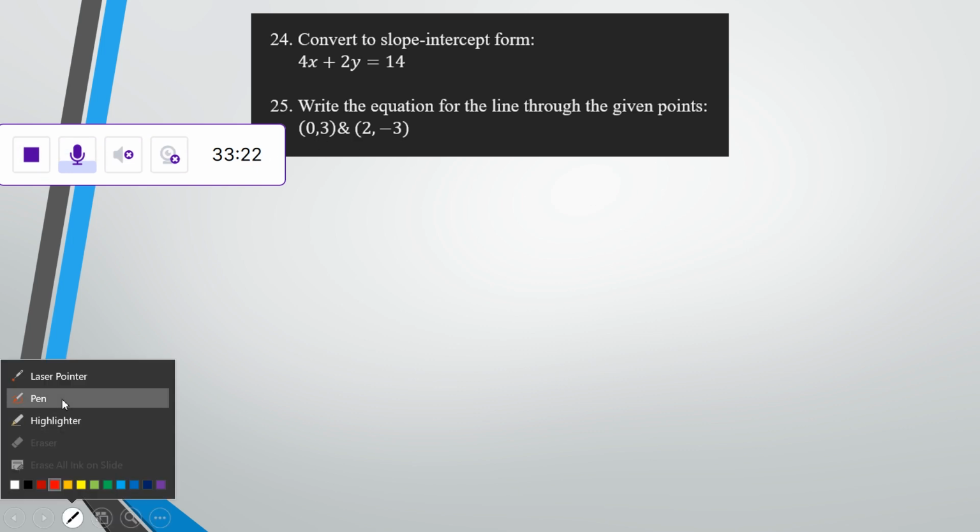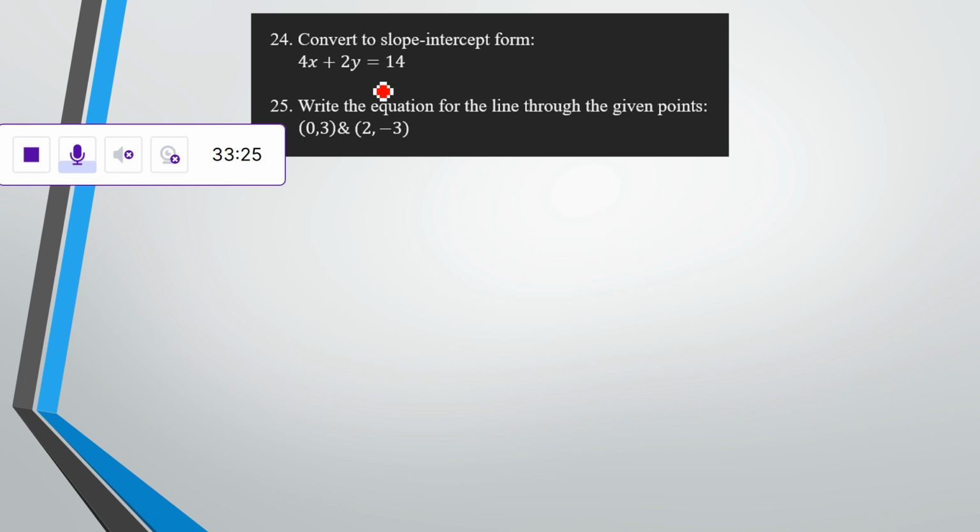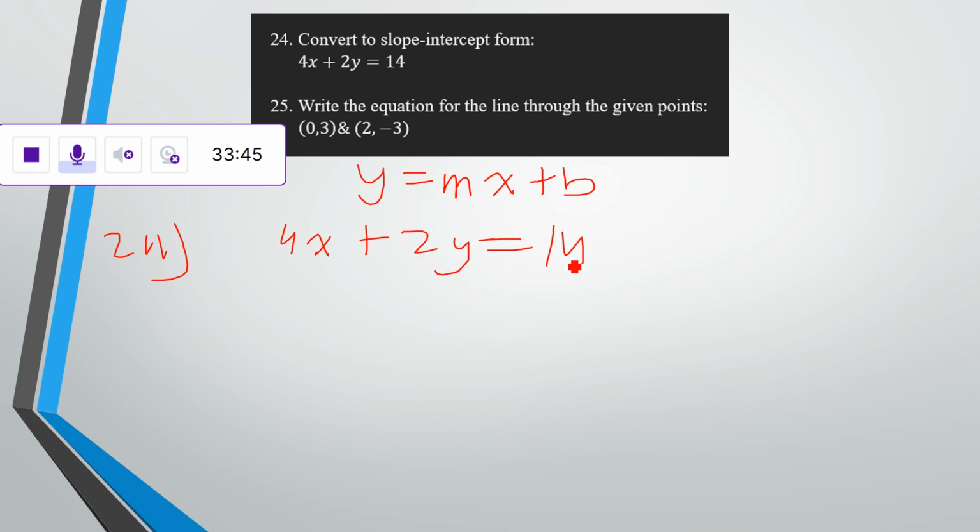In 24 it tells us to convert to slope-intercept form, right? Slope-intercept form, we said already, looks something like y is equal to mx plus b. And so how do we do that? We want to make sure that y becomes alone, right? So in this case, we want to rewrite this, and then focus on getting our y alone. So first things first, I told you guys earlier that we move our 4x to the other side, 4x minus it on both sides.